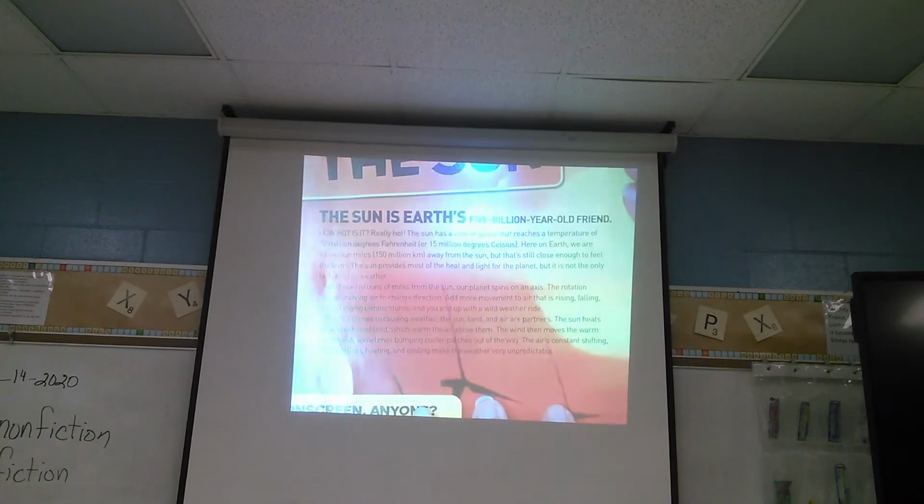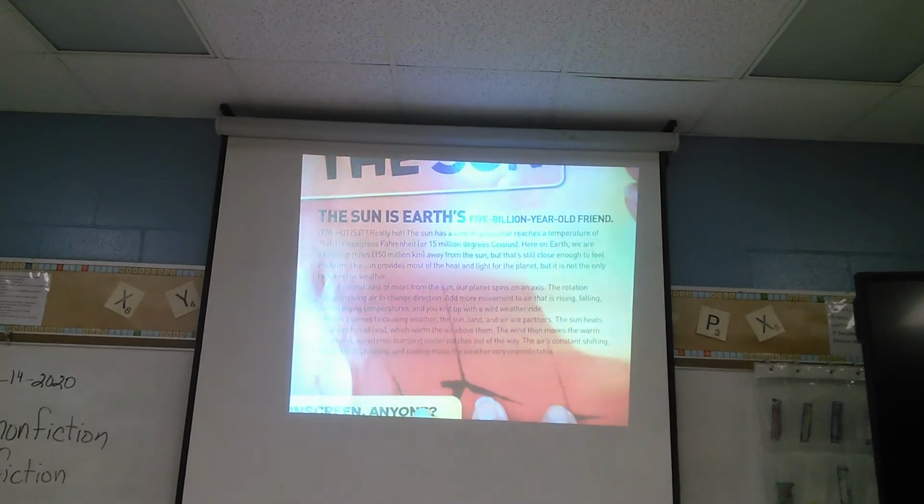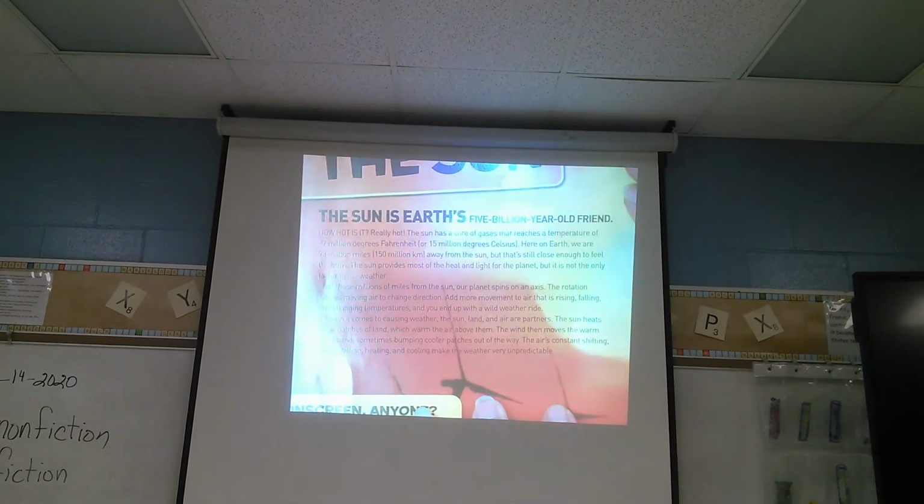When it comes to causing weather, the sun, land, and air are partners. The sun heats large patches of land, which warm the air above them. The wind then moves the warm air around, sometimes bumping cooler patches out of the way. The air's constant shifting, rising, falling, heating, and cooling make the weather very unpredictable.